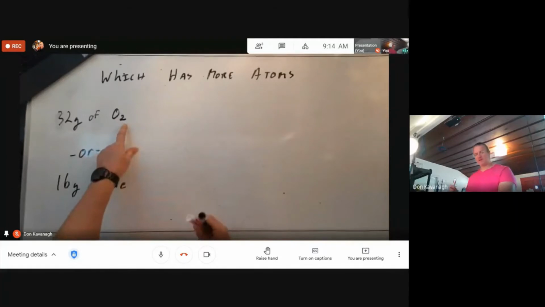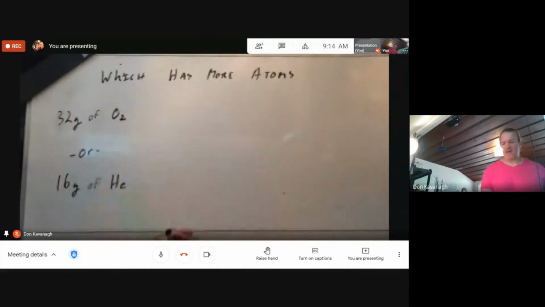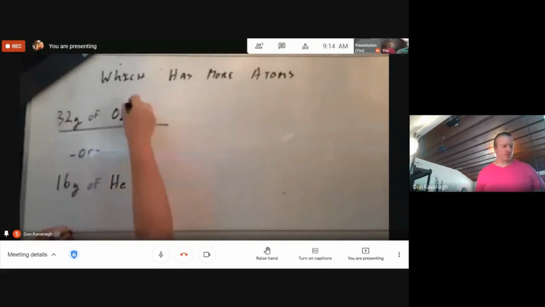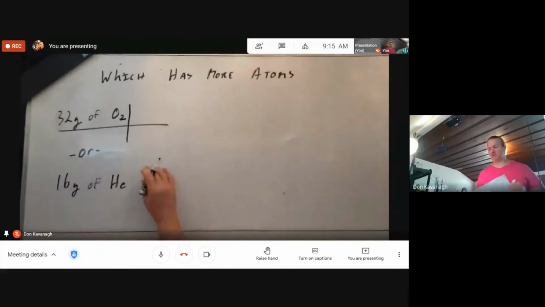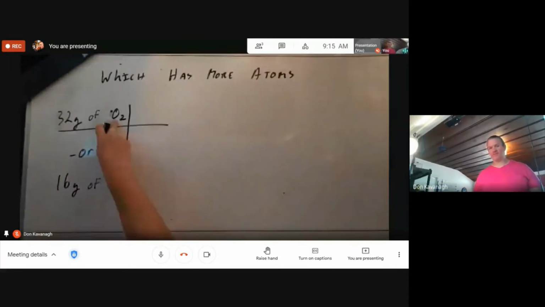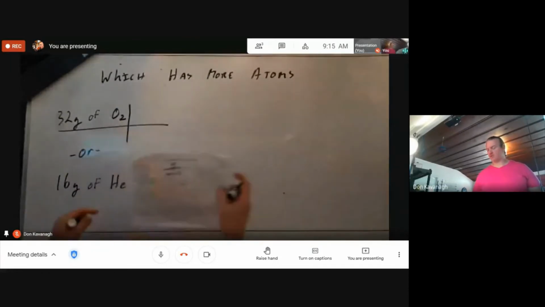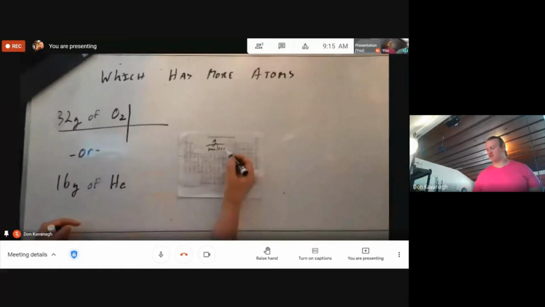We count individual molecules with the unit of mole, which is a word, just like the word dozen, that represents a value. So to calculate how many atoms this is, we take the 32 grams of O2 and look up the molecular weight of O2 off the periodic table, because all of those atomic masses have the units of grams divided by moles.